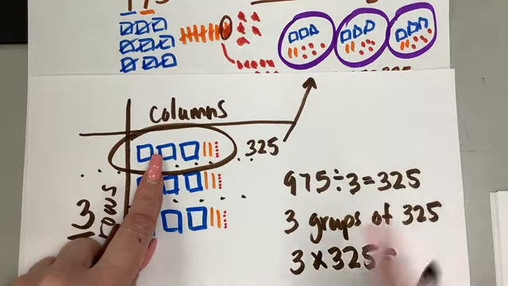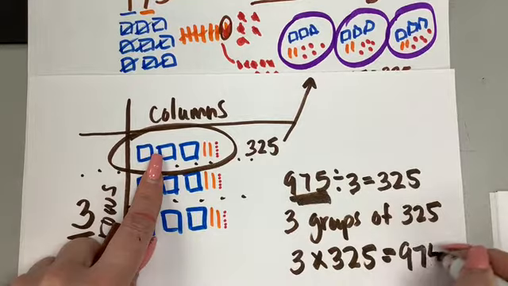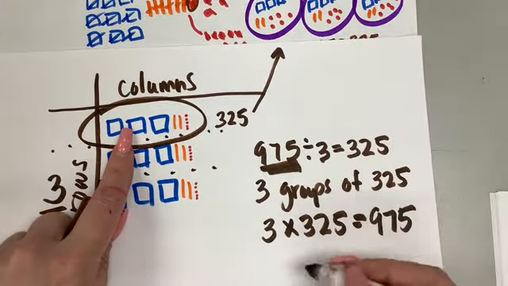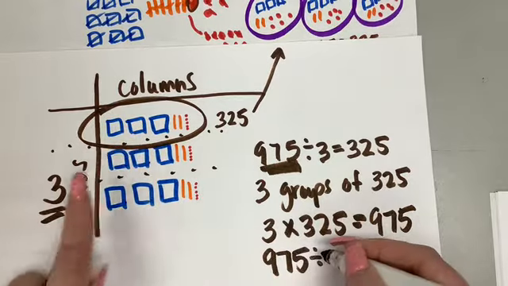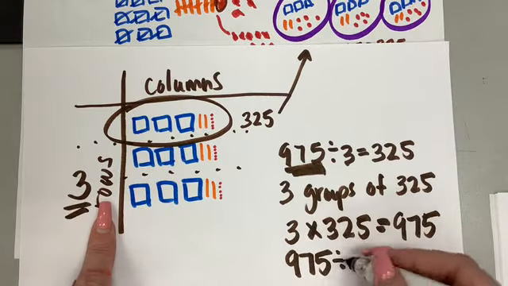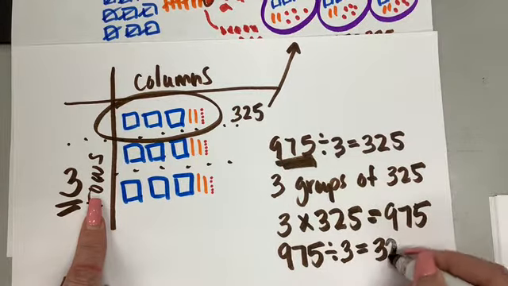And knowing our fact families, we know that 3 times 325 is 975. And if I have 975 divided into 3 rows or 3 groups, we get 325.